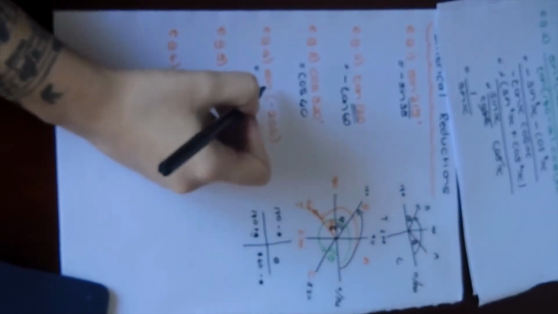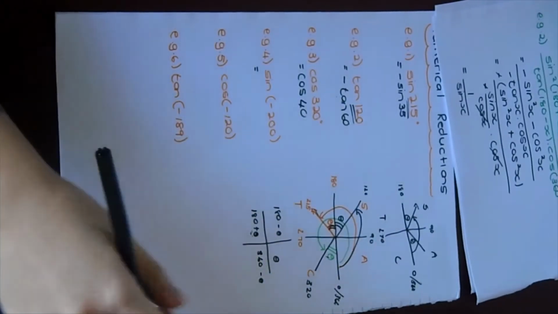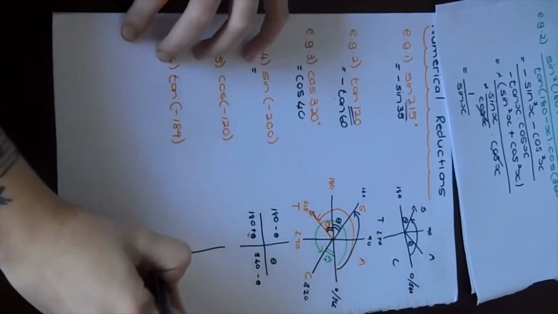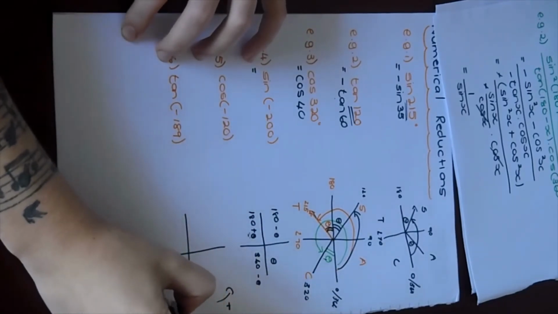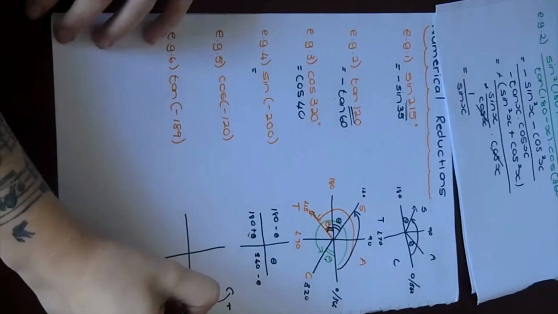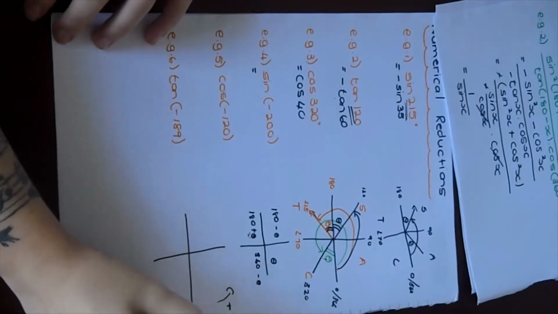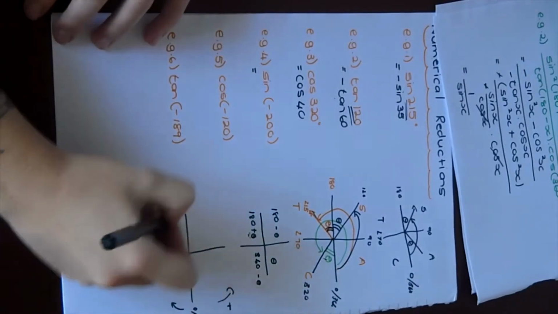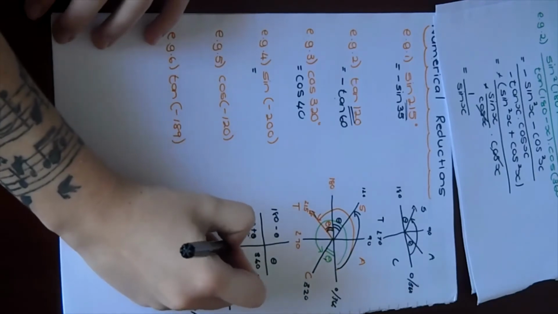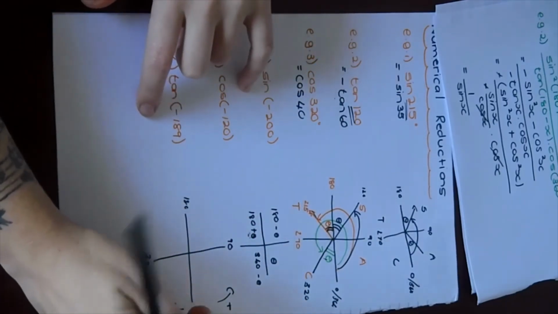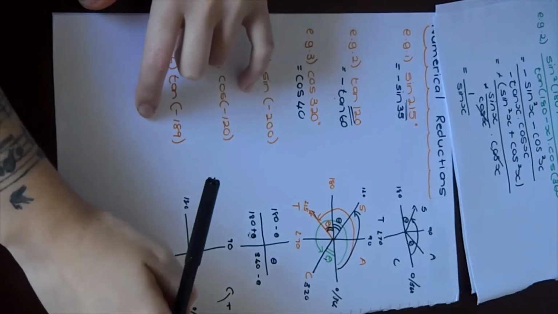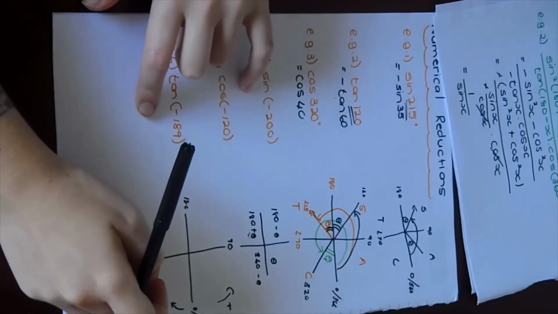Alright. So sine of negative 200. Remember I explained to you, you need to now be careful. This way is positive and that way is negative. So let me just write in the numbers. You are going negative 200. So 0 all the way to 270 is negative 90.